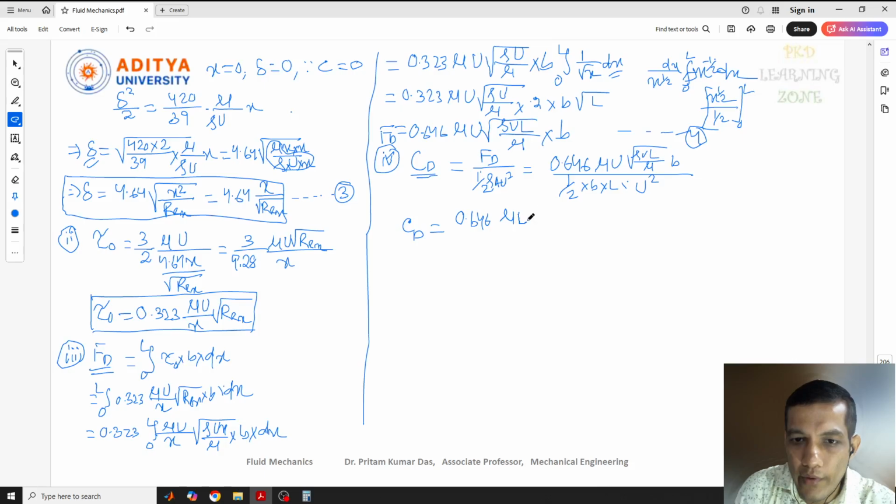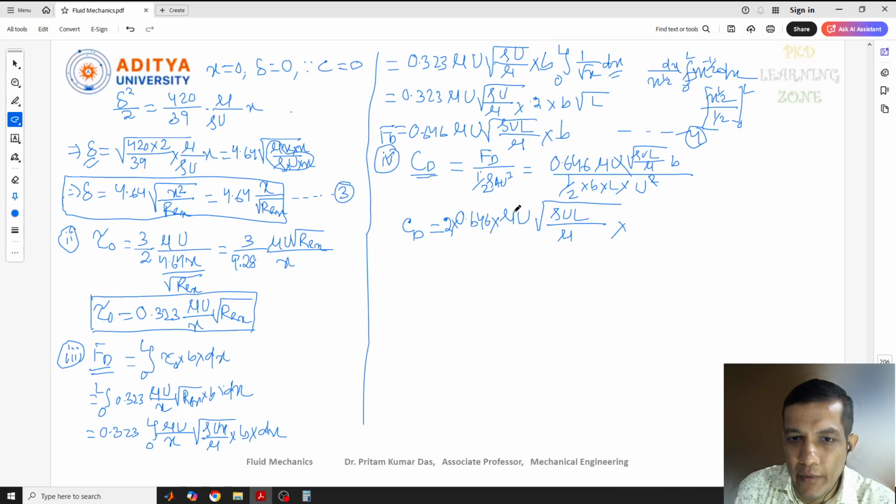Now if you see, you can just cancel all these values. Cd equal to, so what will we get here: 0.646 mu into u, and this is root over of, what is there, that 2 part you can take to the upper side, so you write rho ul by mu, and this is 1 by 2, you'll take it to the other side, like here you can write this is 2 into, okay, 1 by 2 I have taken there. Now again some terms will be cancelled here, okay, this will be cancelled, and bl is there.